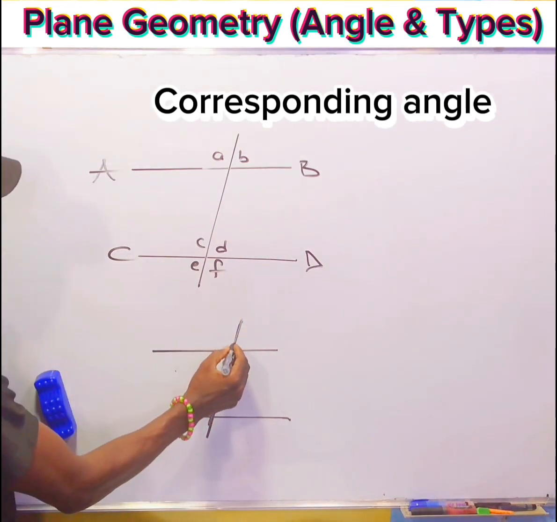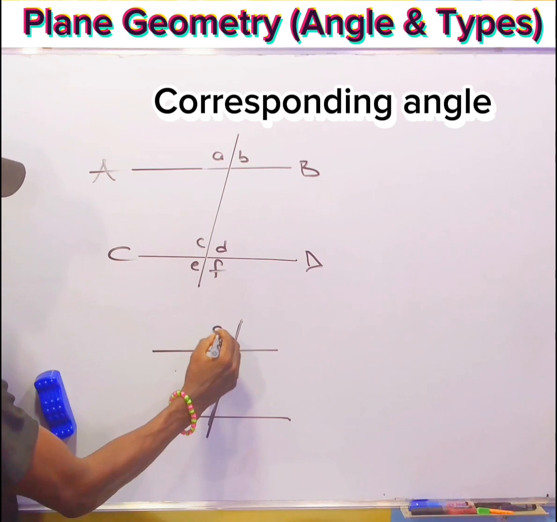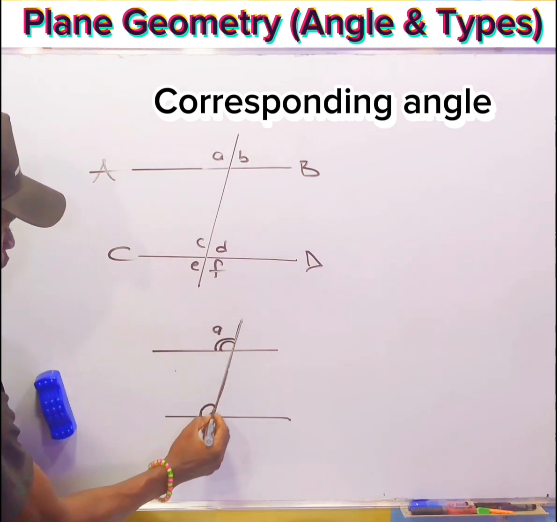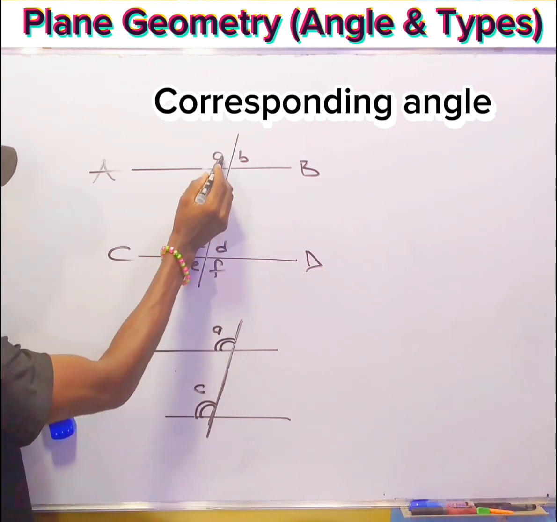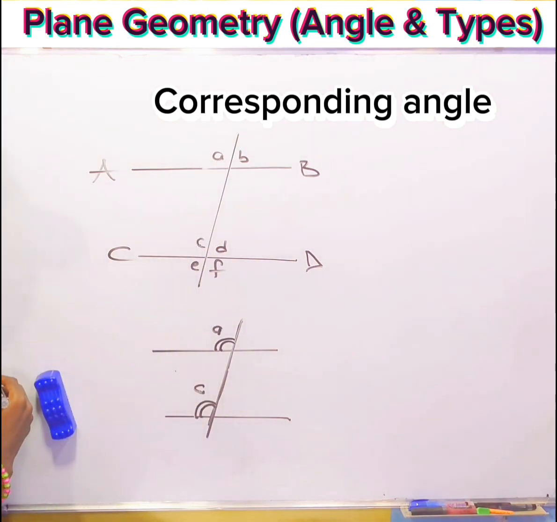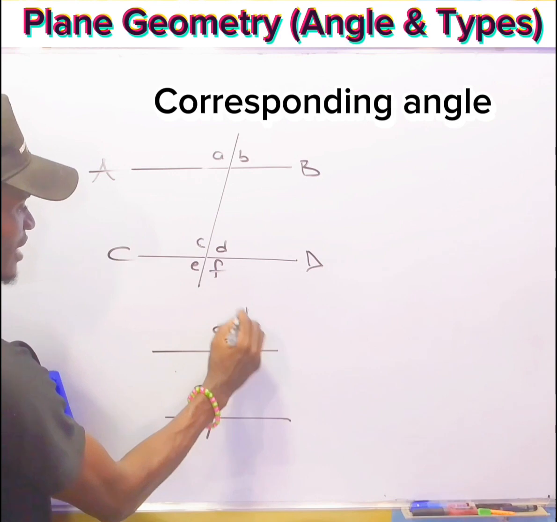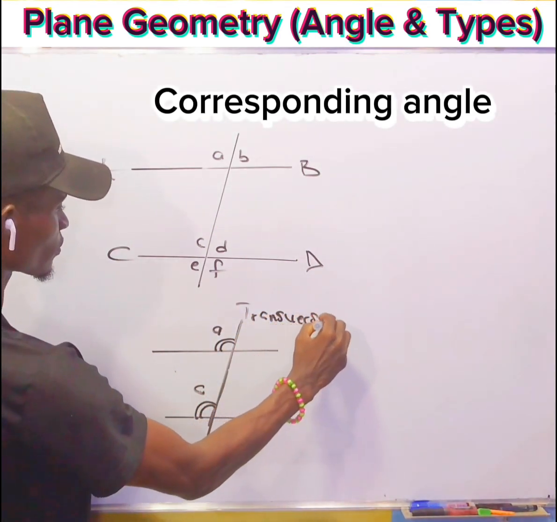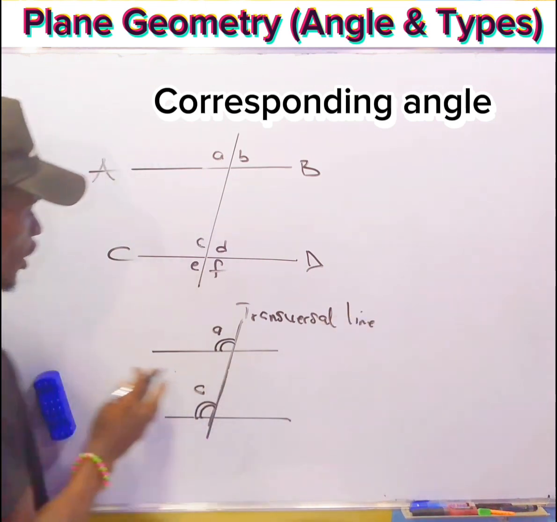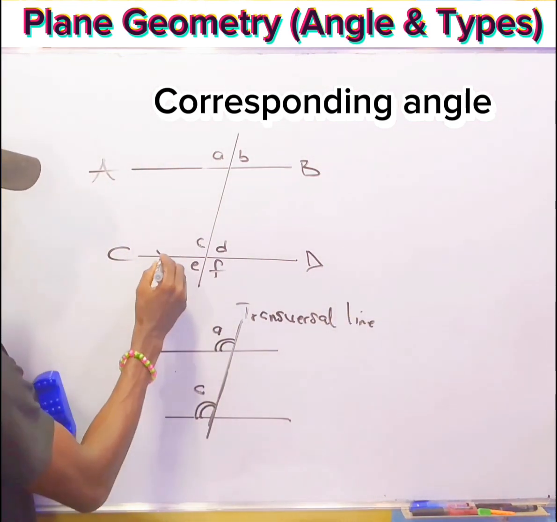Now, A is corresponding to C. A is corresponding to C. A and C, they are corresponding angle. Why? If this is our transversal line, cutting two parallel lines.